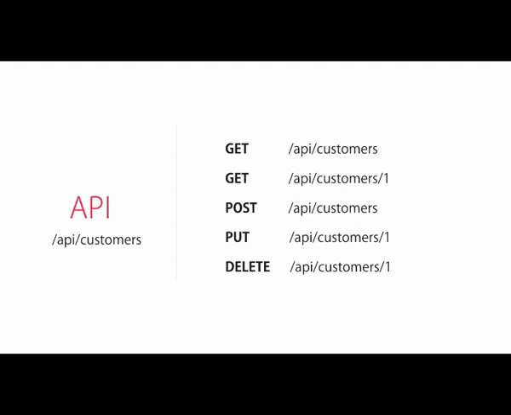REST stands for Representational State Transfer, and I know it probably doesn't make any sense to you, because it was originally part of the thesis of a PhD student. So let's put the theory aside and just focus on the practicality. This convention you see here is what you find in most HTTP services or web APIs out there. So we're going to follow the same convention to build a web API for CRUD operations around customers.